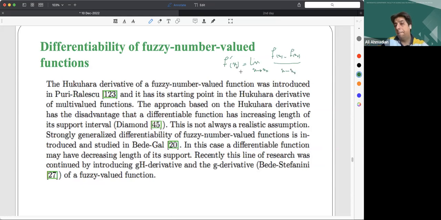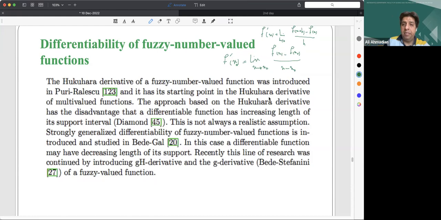Or we have f prime of x as the limit as h tends to 0 of f(x plus h) minus f(x), over h. These are the definitions of differentiability we have.